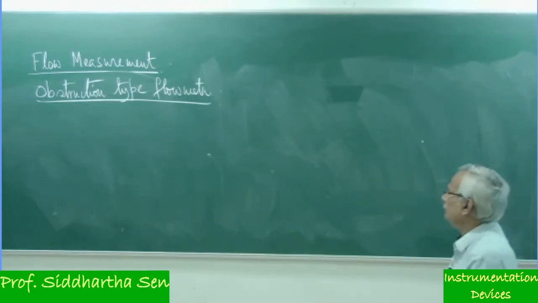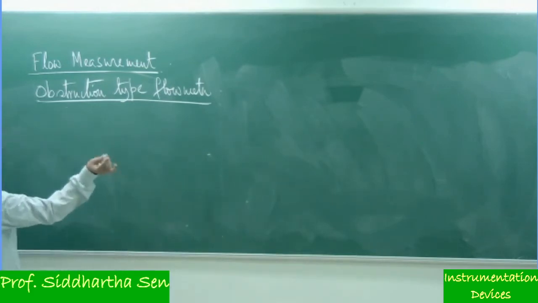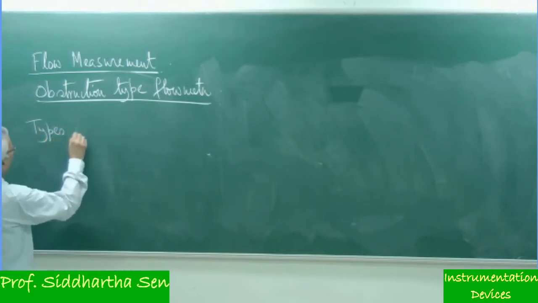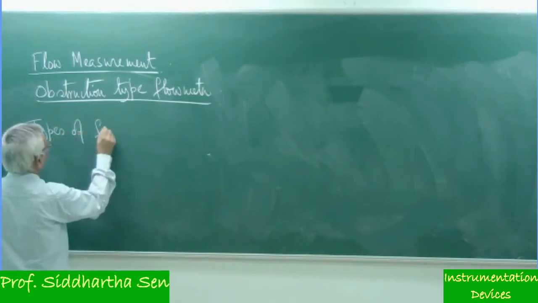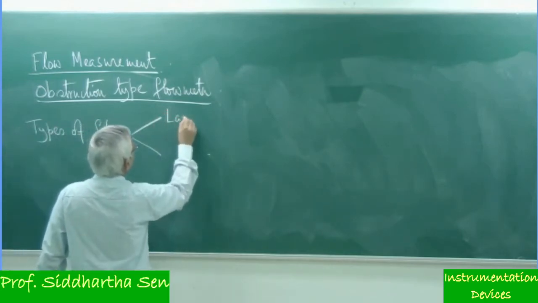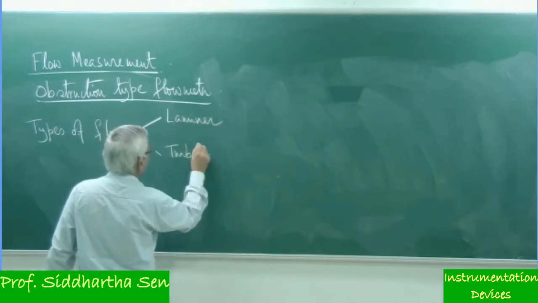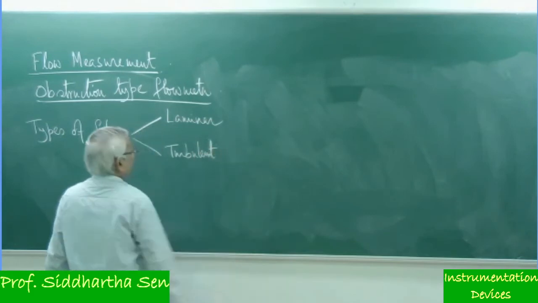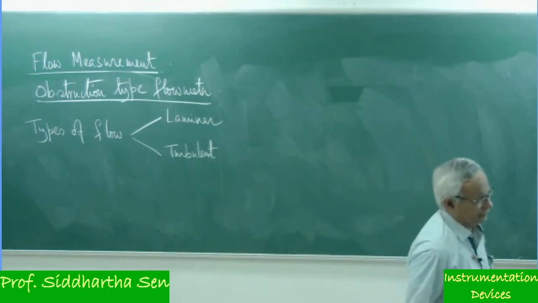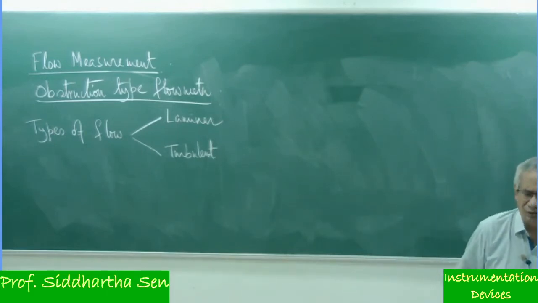Before going to that, you may recall the types of flow. This could be laminar or it could be turbulent. The laminar flow is basically very calm and quiet, where there is no turbulence.